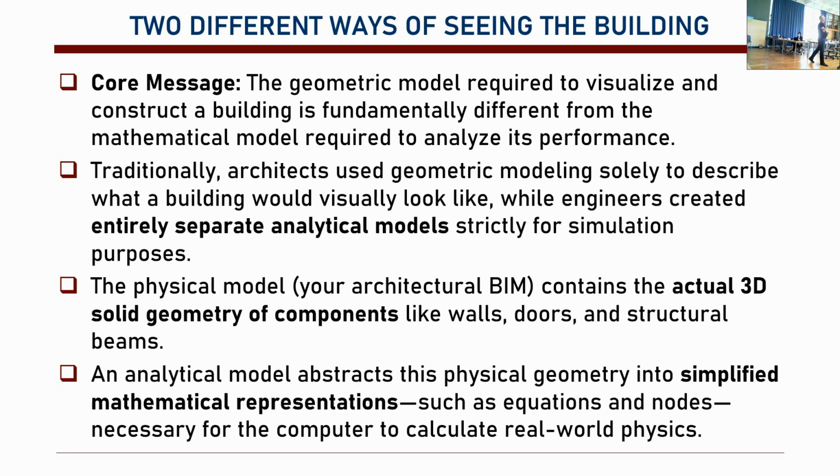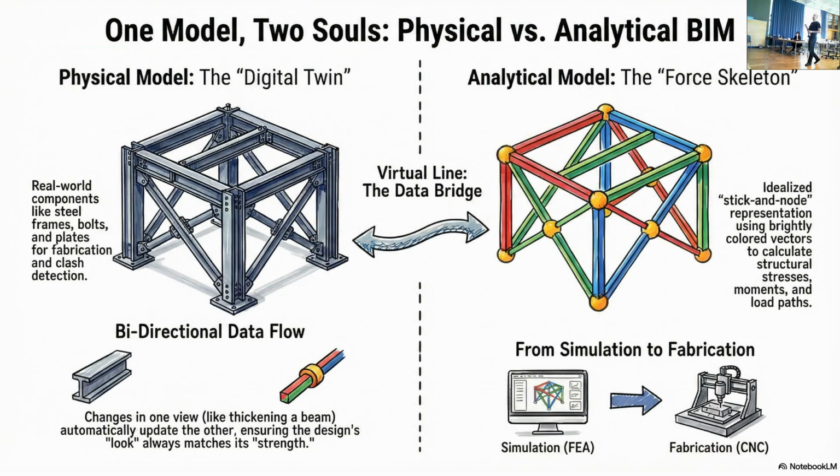Or if you're using separate software, that software needs an analytical model, a simple model, so that it can run. Otherwise, it's not going to work. You have this physical model, the digital twin, a representation of the physical reality. But if you want to run it in simulation, finite element analysis, you want it to be that simple.